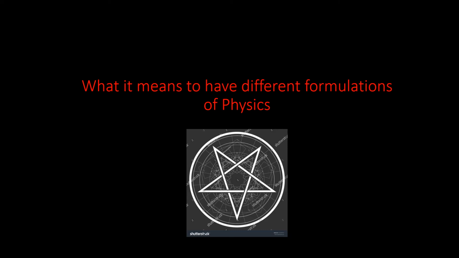Also, different approaches are geared towards different things, and so having a wide variety of approaches is quite helpful. And this video will be about explaining how you can have different approaches with different kinds of mathematics, which lead to the same thing ultimately.